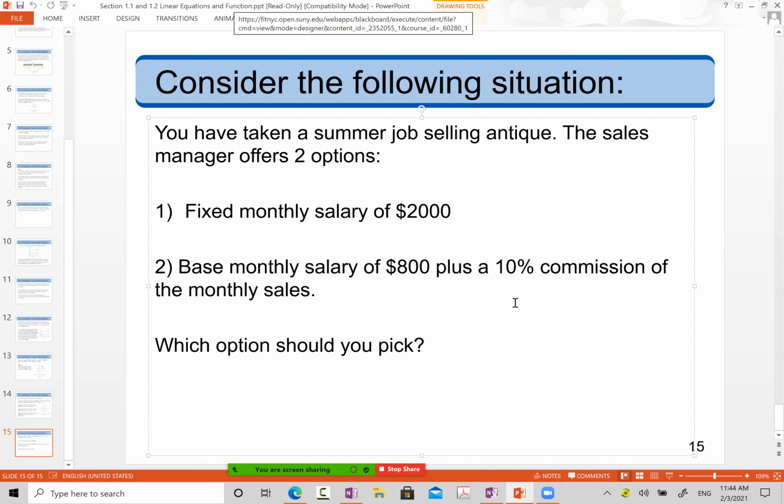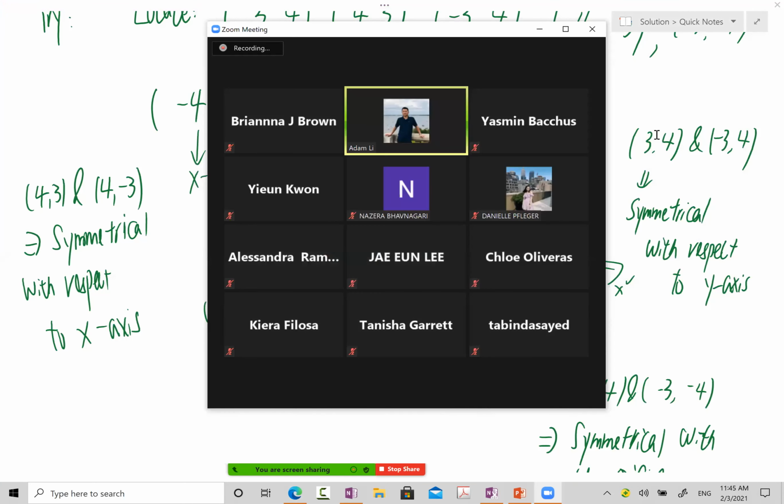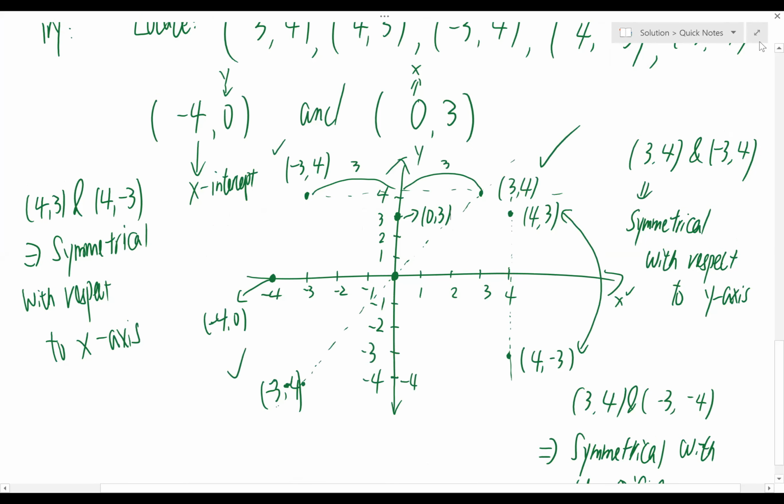In the long run. But let's try to formulate this using a linear equation. Let's try to formulate this and understand whether we can express it using mathematical equations.